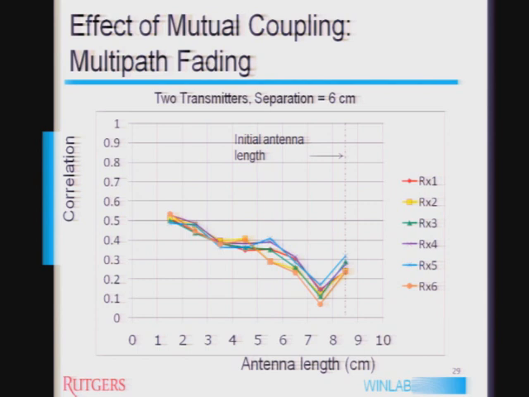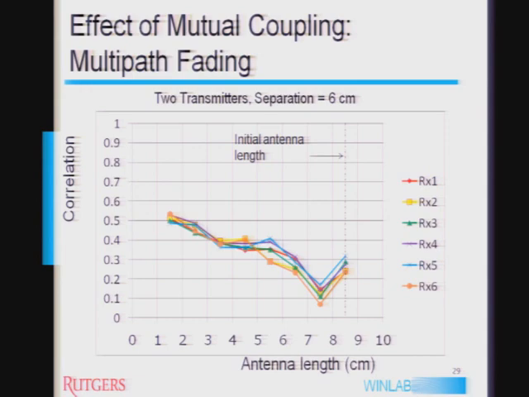So initially the antenna is longer than what it should be. After snipping it by a centimeter, the correlations start going higher, because the energy stolen by the neighboring transmitter decreases as I snip it more and more. Eventually, when I have the antenna length at 1.5 centimeters, I see correlations as high as 0.5.